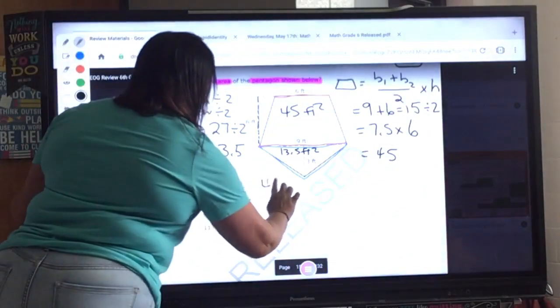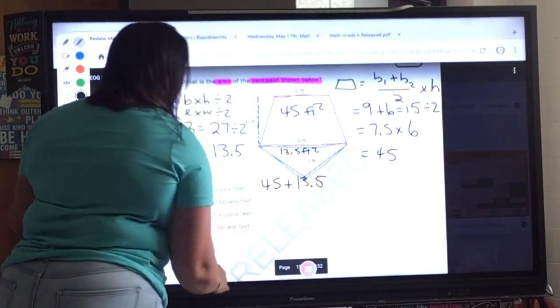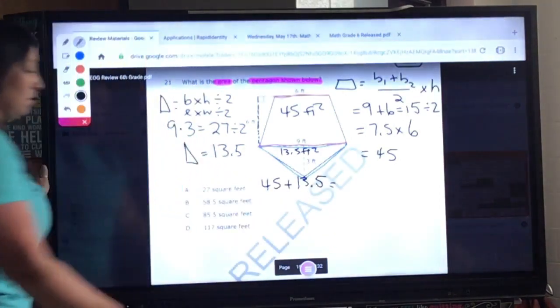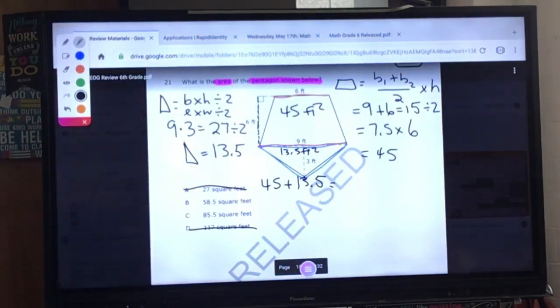Right. So you have to do 45 plus 13 and a half, and then you get your answer. We know it's not going to be 27, we know it's not going to be under 17, because neither one of those have a decimal in them. All right, so which one is it? B or C? Levi? B. It is B.